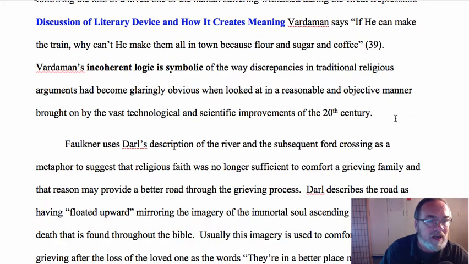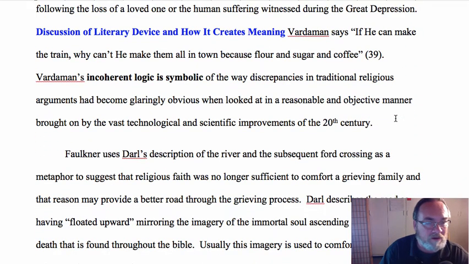Let's take a look at a second reference to a literary device that Brian introduces. He analyzes a quote from Vardaman. Notice how he presents the quote: a brief quote, one line, not a whole paragraph, not two or three lines. He might have even been able to focus even more closely and use a smaller part of this passage, I think. Notice how the parenthetical expression is just the page number.